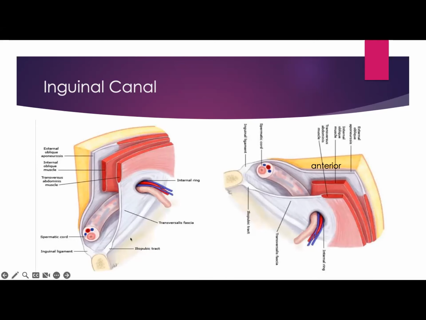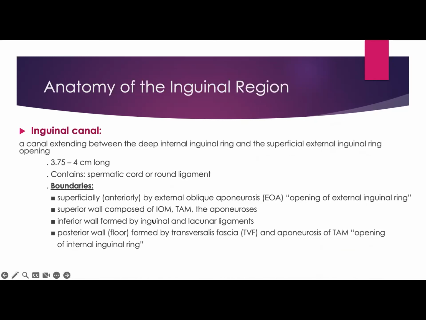And then this is the posterior most part, which is the transversalis fascia, okay? Through the transversalis fascia, we have the opening of the internal ring. Through the external oblique aponeurosis, we have the external ring, okay? As you can see over here.